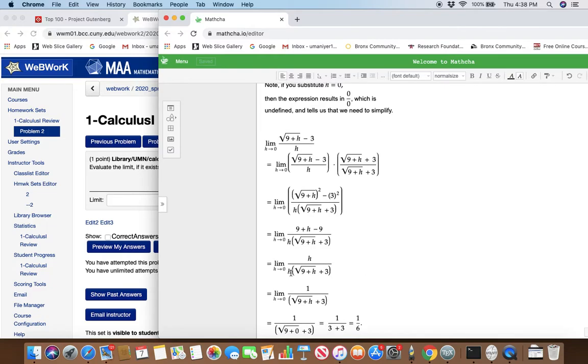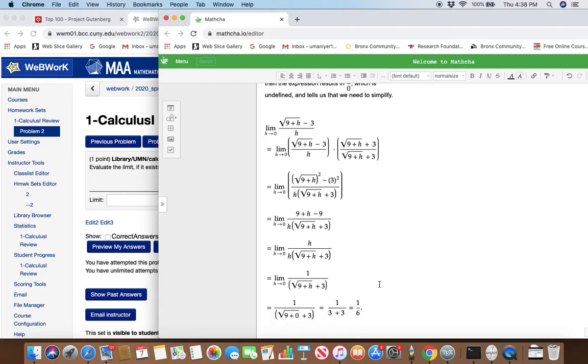The h's have gone away. Now I am only taking the limit, nothing upstairs means 1 upstairs, and this other factor downstairs. Now when I let h approach 0, I get 1 over square root of 9 plus 0, plus 3. Square root 9 is 3, so 1 over 6.